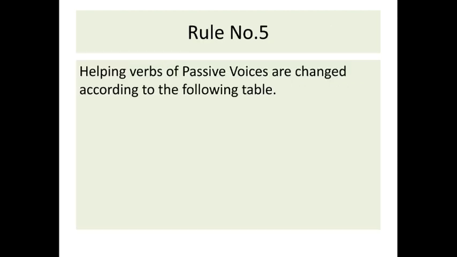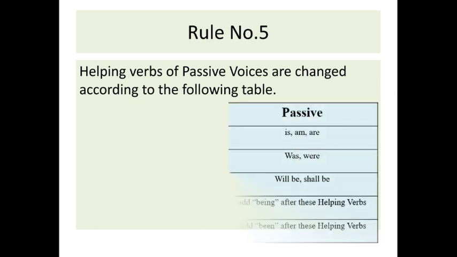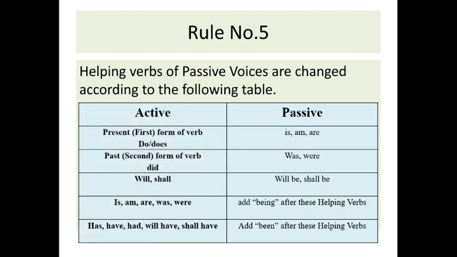According to the second method, that is changing according to the helping verb, this is an easy method, and I prefer that students use this method for changing the voice, as it is easy and students will remember it.